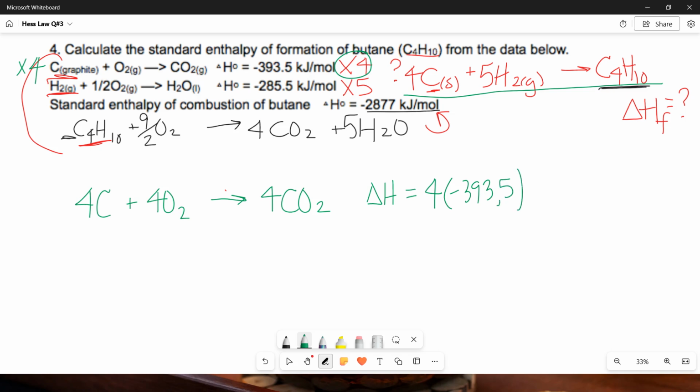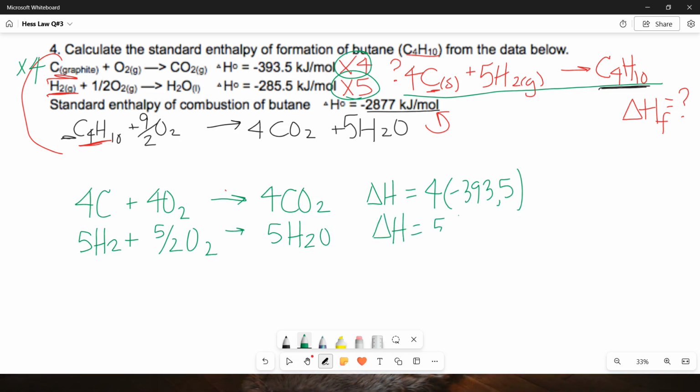Okay. Second reaction, I'm going to keep it in the direction that it's at, but I need 5 of them. So I'm going to have 5 hydrogens plus 5 halves oxygen gives me 5 waters. And my delta H is still going to be negative, but I'm going to take 5 times the negative 285.5 kilojoules.